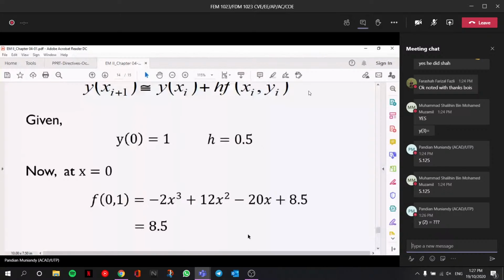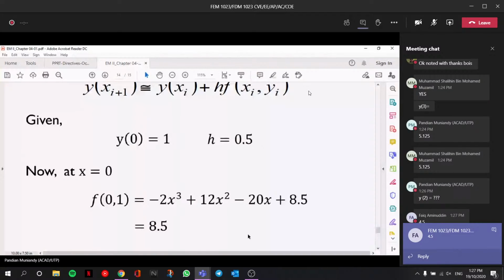So 1.5 multiply 1.5 multiply 1.5, you get 3.375 multiplied by minus 2, you get minus 6.75.